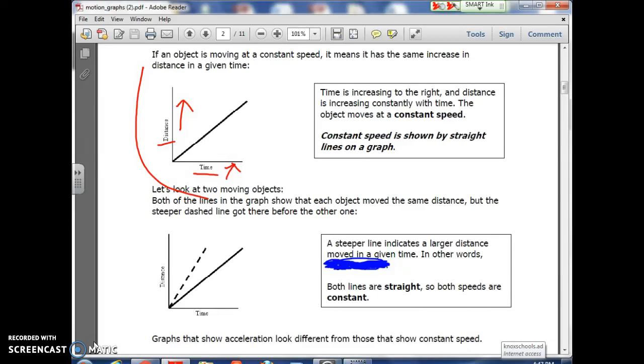So now we know that this object is moving. If it's moving in a relatively straight line, we say that speed is constant. A straight line on a speed time graph, or distance time graph, is a constant speed. So this guy's not speeding up, not slowing down. They're going the same speed all the way to the end.